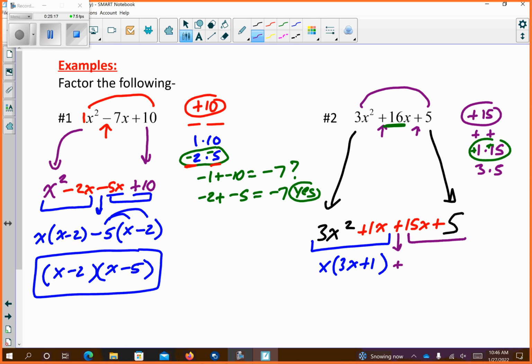What can I factor out of 15x and 5? 5? 5 times what gives me 15? So I get 3x there. 5 times what gives me 5? Do we have the same binomial? Sure do. Here's my answer.